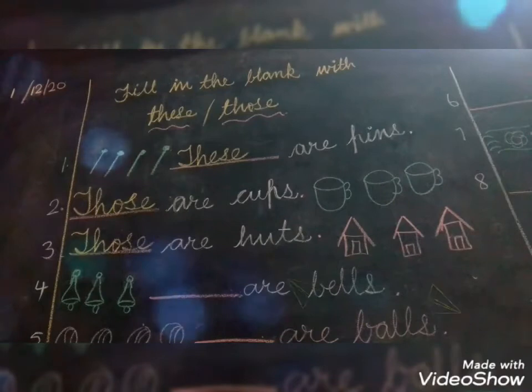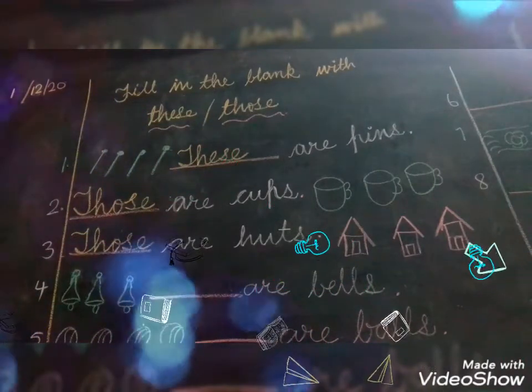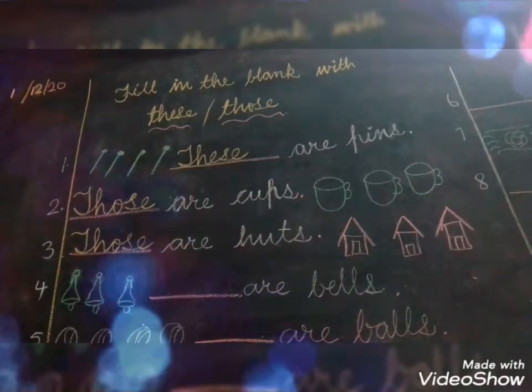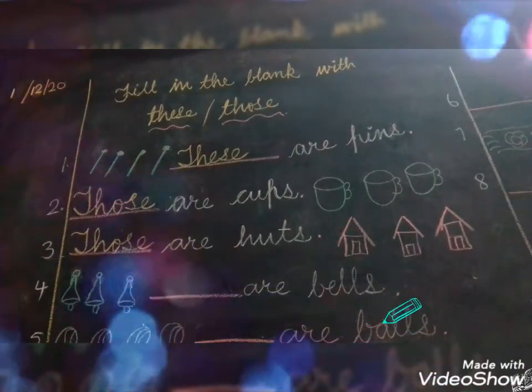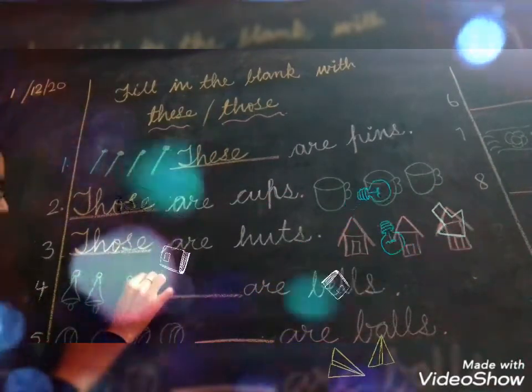Now you see two pictures, bells and balls. They are close, near. So what spelling will come here? These are bells. These are books. What is the spelling of these?